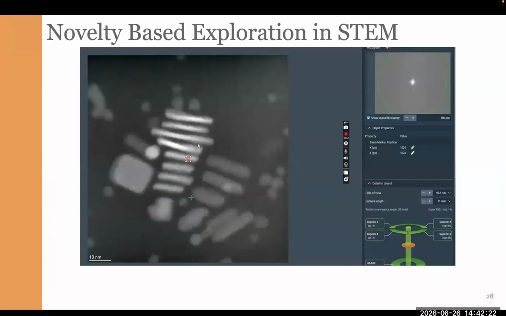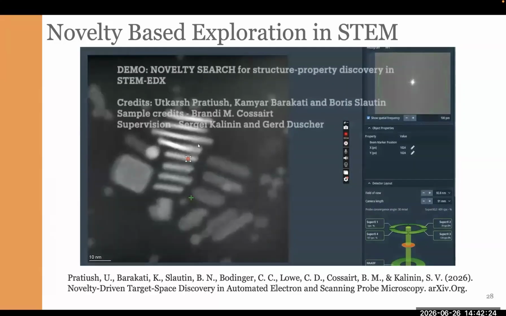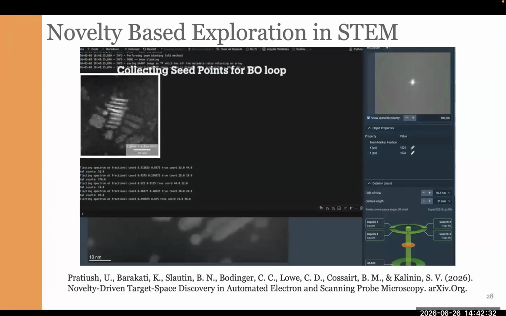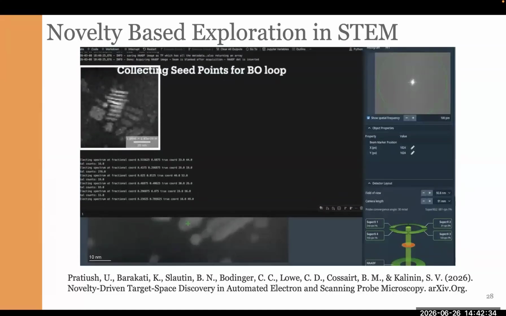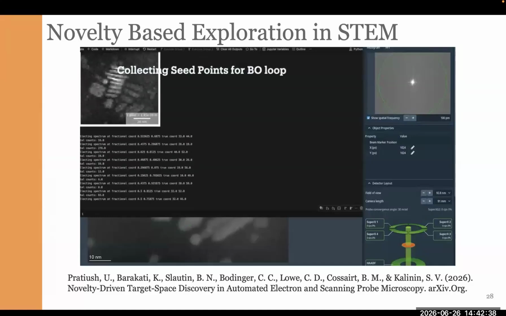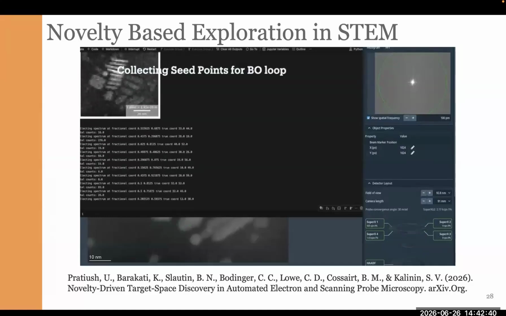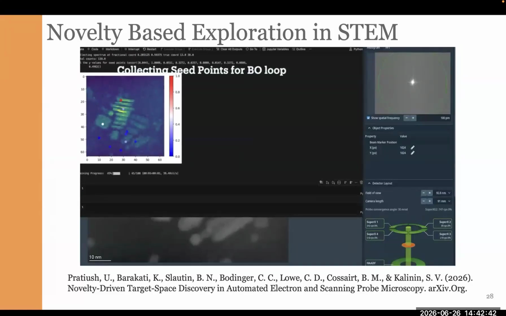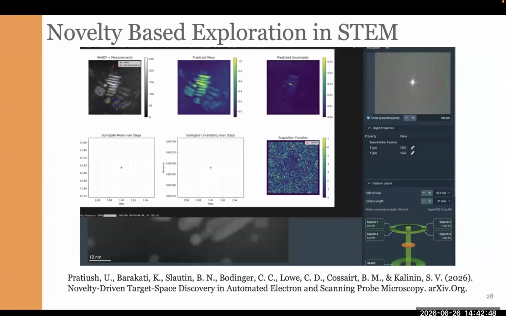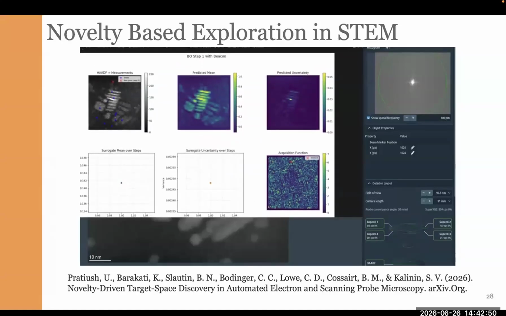Okay, that being said, the last slide is about a basic demonstration of how such a method, how such exploration of the random library, can be realized in real time. It was done by Utkarsh here in HK. It is a simplified example, more of a proof of concept, meaning we did not change the field of view.